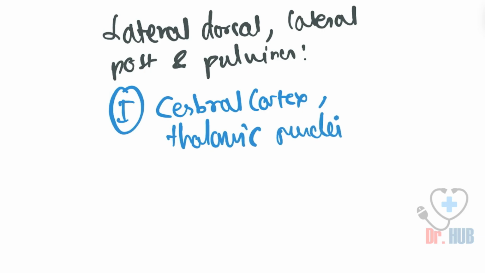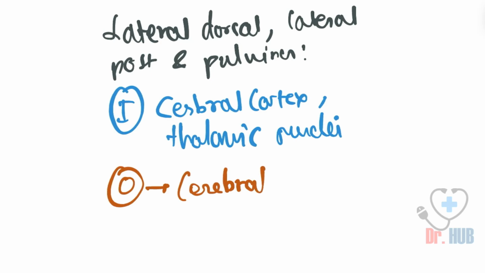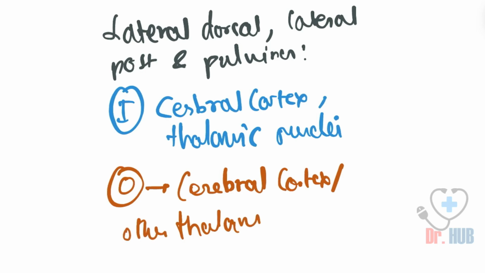What is the output? The output here is again the cerebral cortex as well as the other thalamic nuclei. What is the function of the lateral dorsal, lateral posterior and pulvinar? The function still remains unknown.